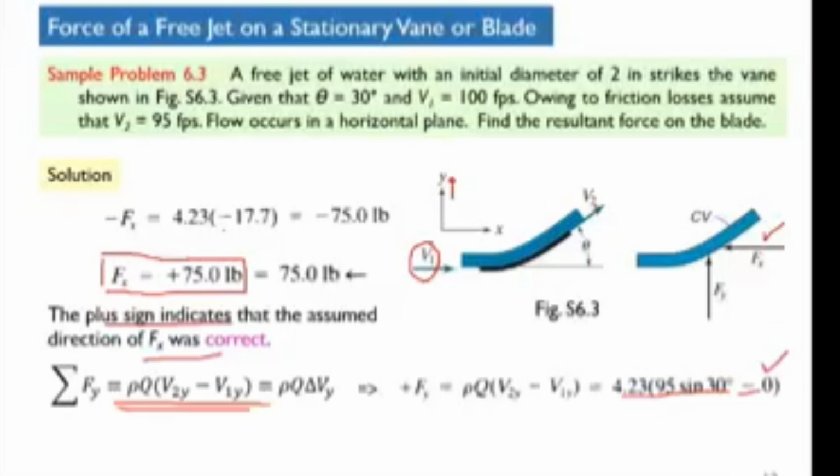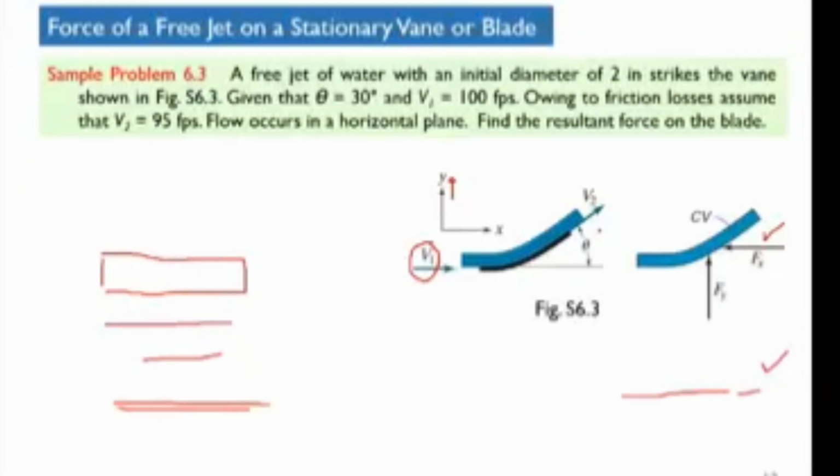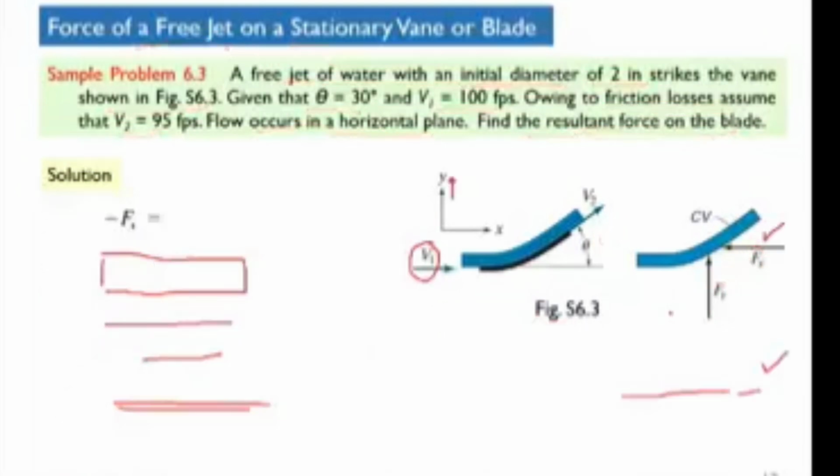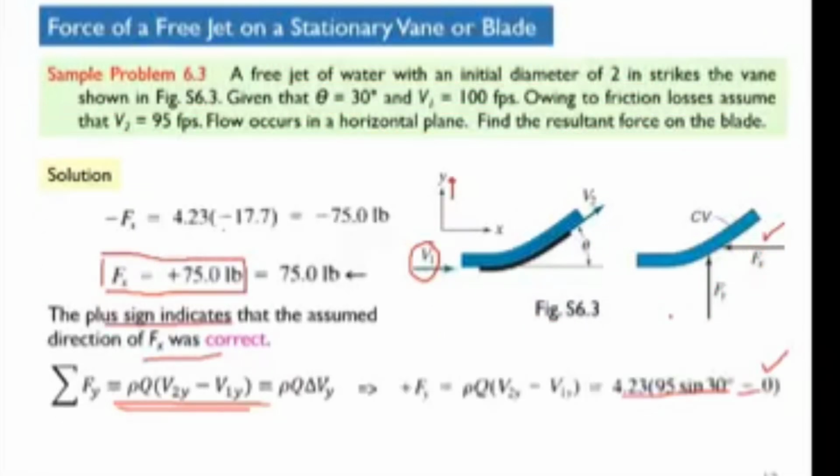And what is the component of V2 in the y direction? Here, V2 sine of theta, clear? So that's why Fy is equal to 201 pounds. Again we get plus sign, it means that the assumed direction for this Fy is correct. If we get negative answer for force here, then it means the assumed direction will be incorrect.